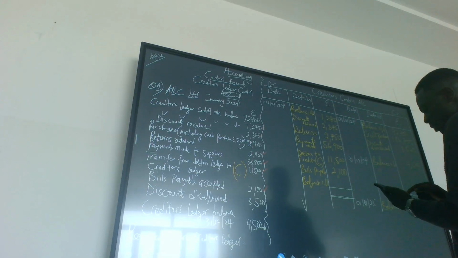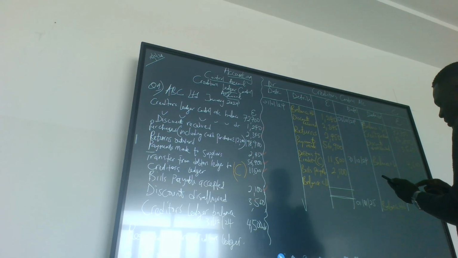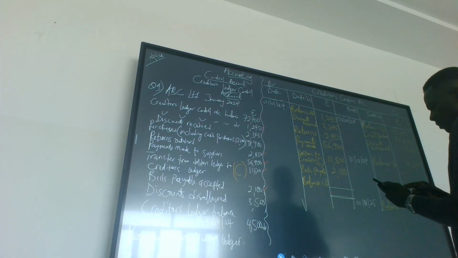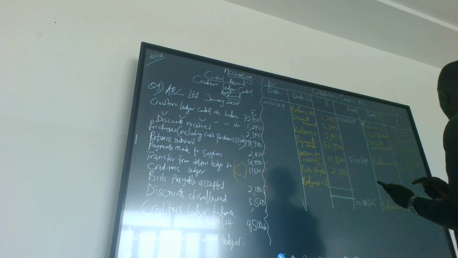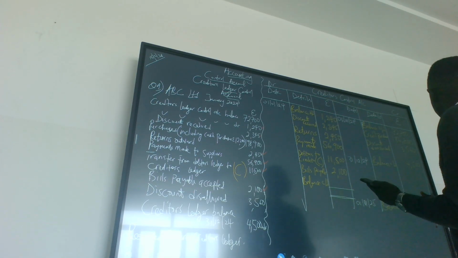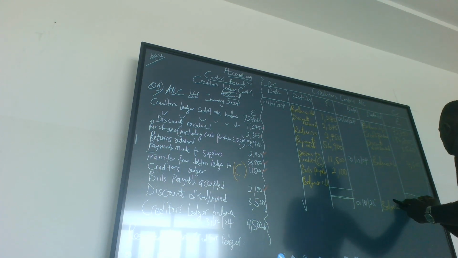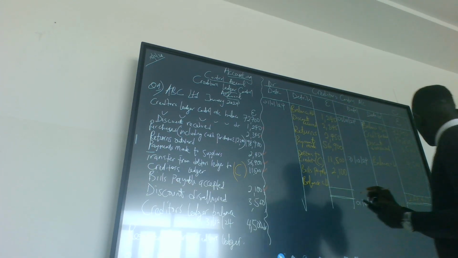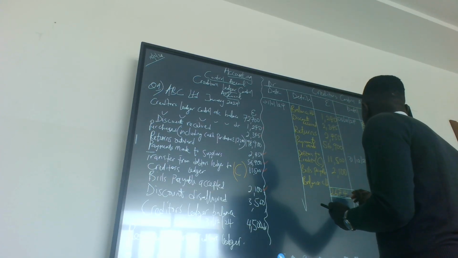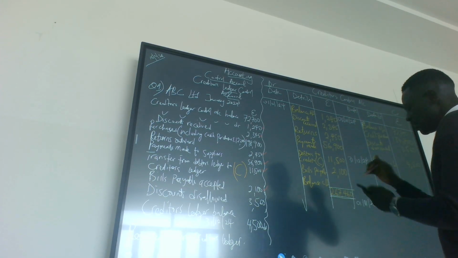Now the credit side we calculate: 72,700 plus 186,700 plus 3,560 plus 4,500. So it's 267,460.